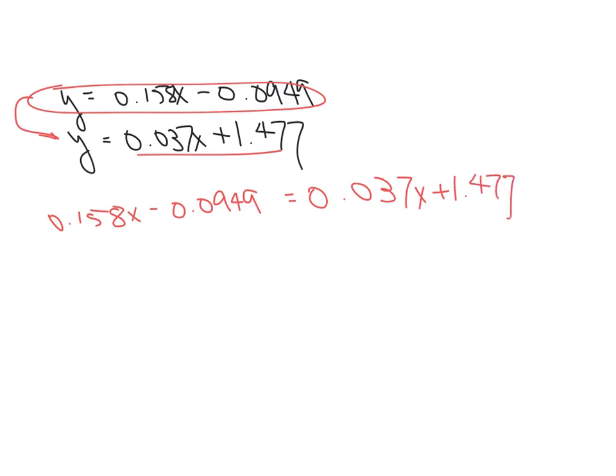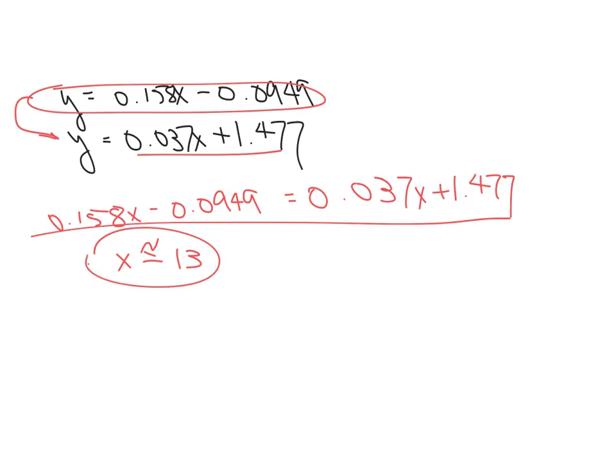Okay, so I'm going to solve that, and they're using a graphing calculator to graph this. If you were graphing this by hand, you would find out what x is, and x is similar to 13. And so then you take 13 and put it in for either one of those x's, and it will spit out a y value for you.